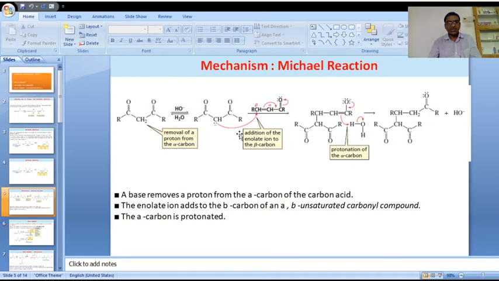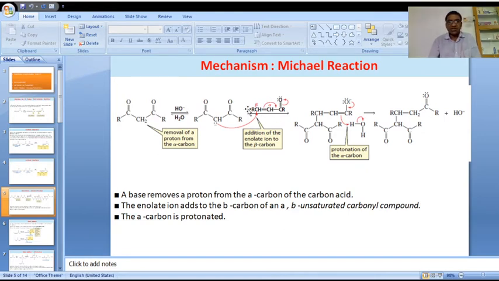This alpha beta unsaturated compound reacts with the enolate ion. The negatively charged carbon of the enolate ion bonds with the beta carbon of the alpha beta unsaturated carbonyl compound. Here is the addition of the enolate ion to the beta carbon.